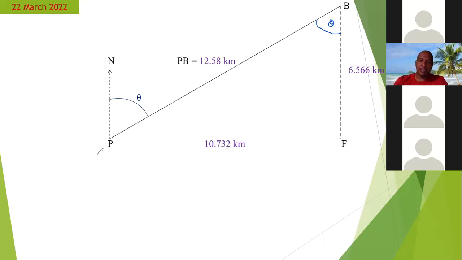So you're using sine theta equal to 10.732 over 12.58.